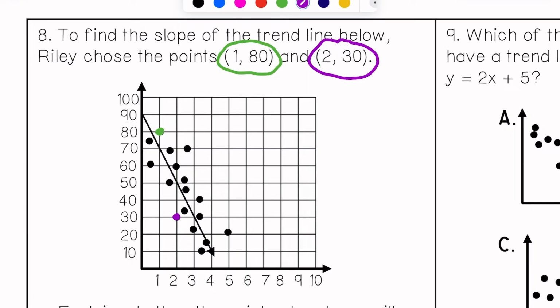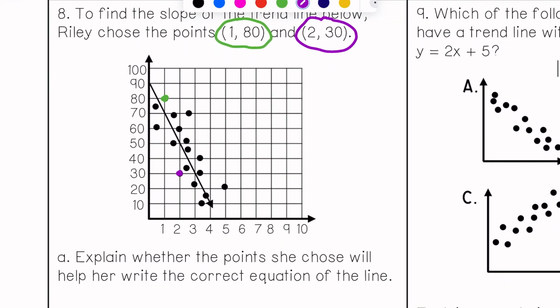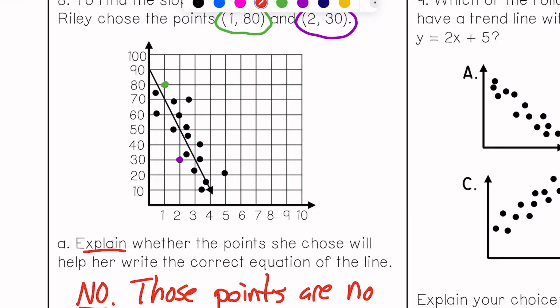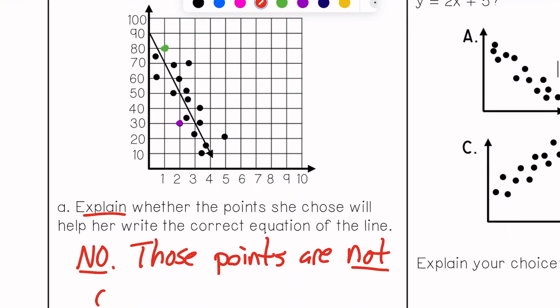For part A, explain whether the points she chose will help her write the correct equation of the trend line. I said no. The reason I'm saying no is those 2 points are data points and they are not points that are actually on the line itself. Something along those lines would be a great explanation for that.